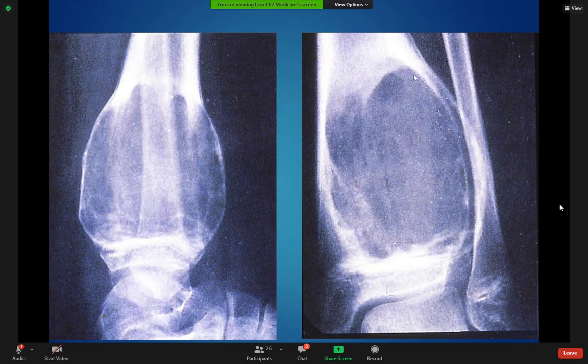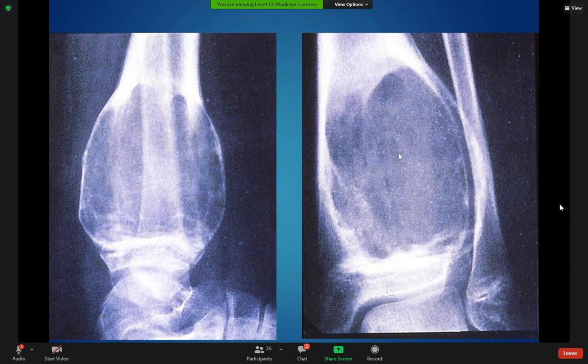There is no periosteal reaction, very smooth edges, and no soft tissue involvement. So this is an aneurysmal bone cyst, a benign tumor, although it is big.